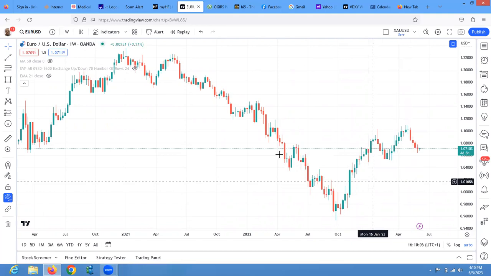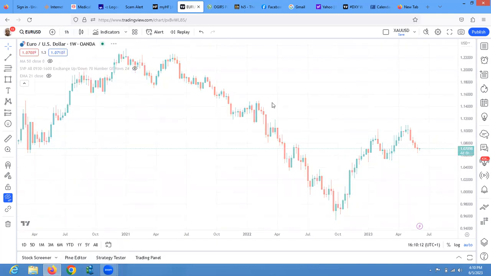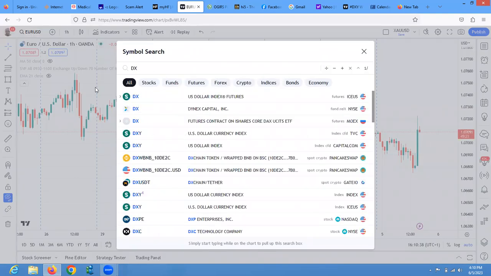Now, let me go back to the 1 hour time frame. At times, depending on the kind of game that is being played on the forex market, we noticed that when DXY was going bullish, let me go back to DXY.